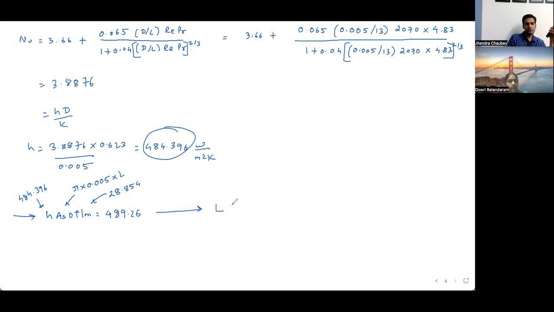That is 2.228, which is less than 2.5 meters. Hence, the assumption is correct.